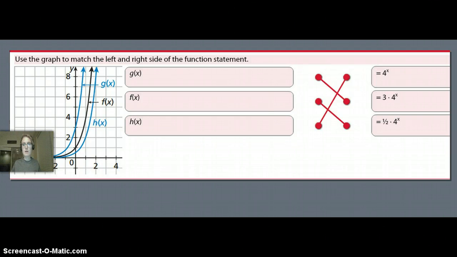A good way to figure out which exponential function matches which picture is to pick a value for x and see what it spits out for y. So let's first start out with this first equation. We're going to plug 0 in for x.